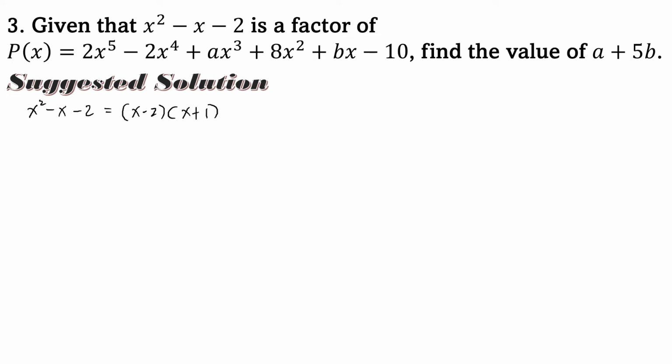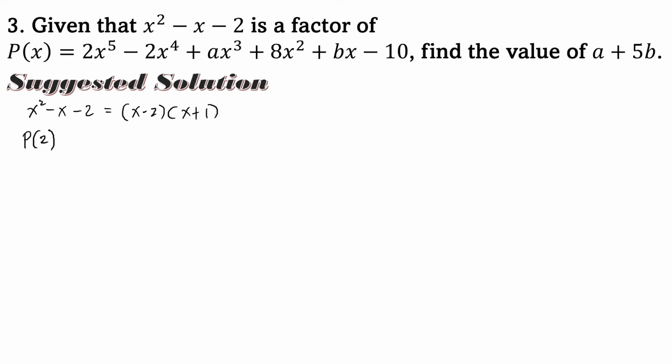Ibig sabihin, kung ang x squared minus x minus 2 ay factor ng polynomial p of x, ang x minus 2 at x plus 1 ay factors din ng parehong polynomial. Kung kukunin natin ang p of 2 at p of negative 1, dapat ito ay equal sa 0.